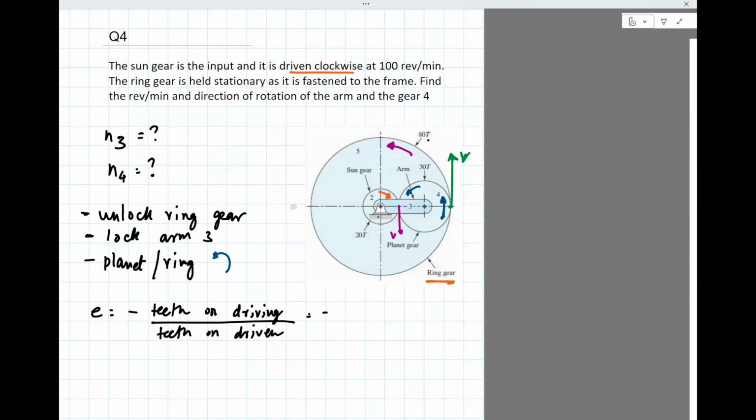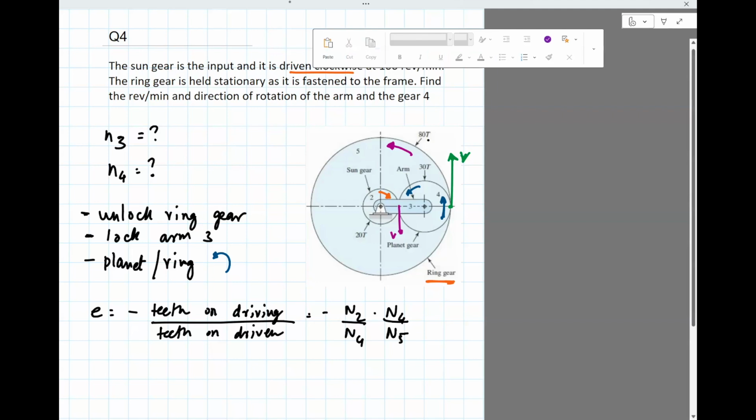The driving gears are: 2 drives 4, and 4 drives the big gear 5. So 2 and 4 are the driving gears, and the driven gears are, since 2 drives 4, I'll put it down, and 4 drives 5, I'll put this down. It turns out that 4 cancels off because it's the idler.